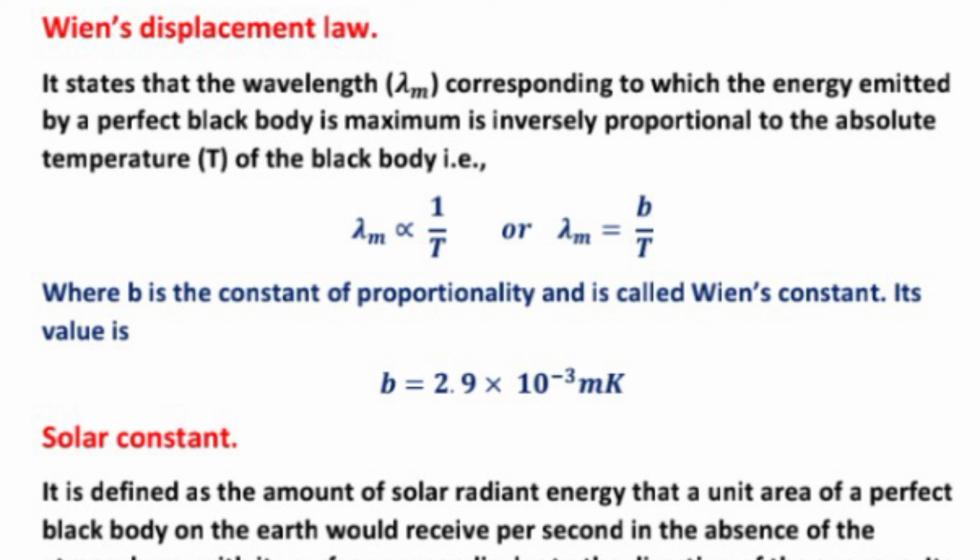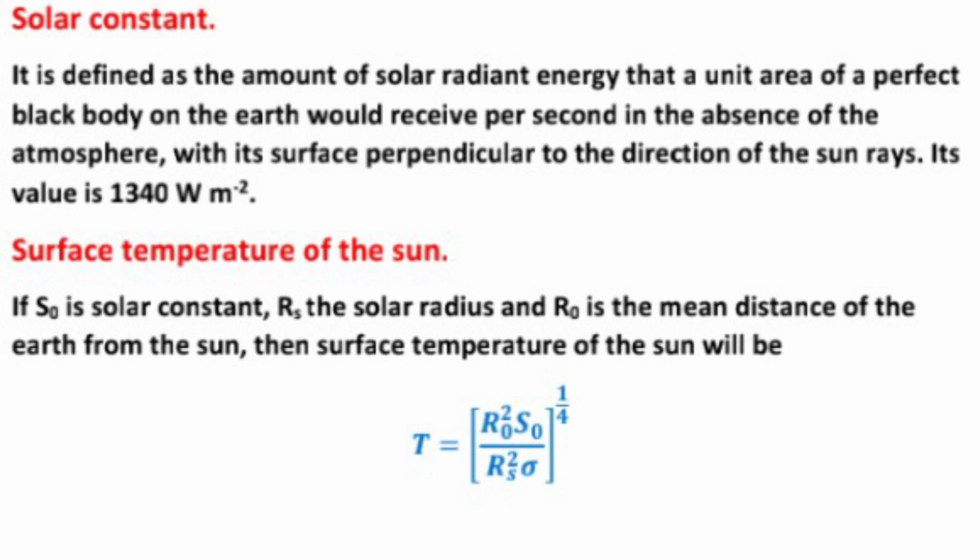Solar constant. What is solar constant? It is defined as the amount of solar radiant energy that a unit area of a perfect black body on the earth would receive per second in the absence of the atmosphere, with its surface perpendicular to the direction of the sun rays.